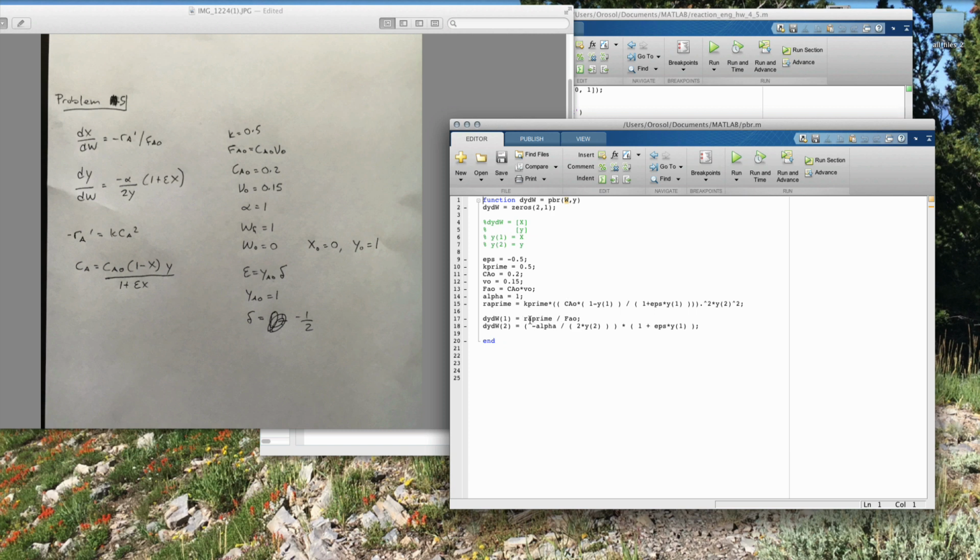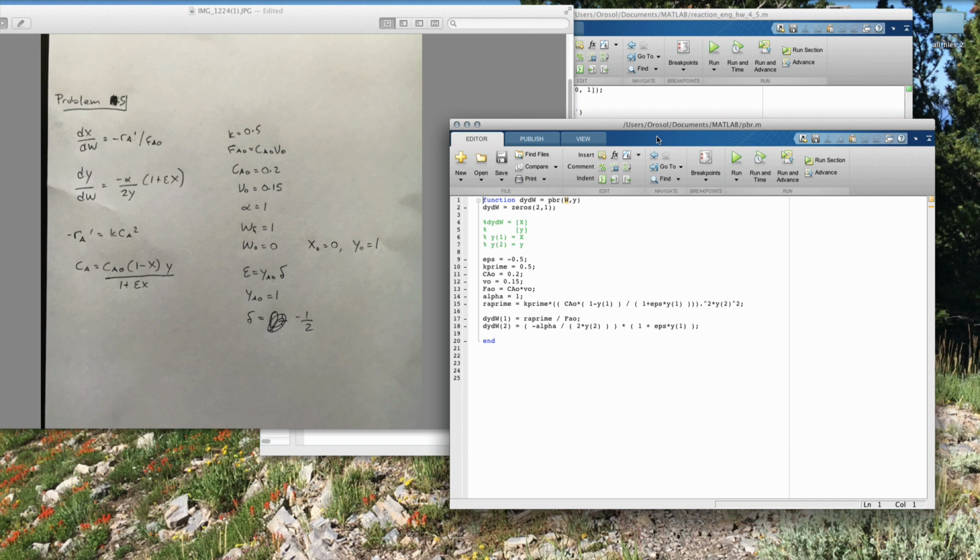But if you do it like this, then you can reuse this code, because all you need to do is change what your rate is, because this equation will never change, the RA prime over FA naught. So this is how you calculate the right-hand side.